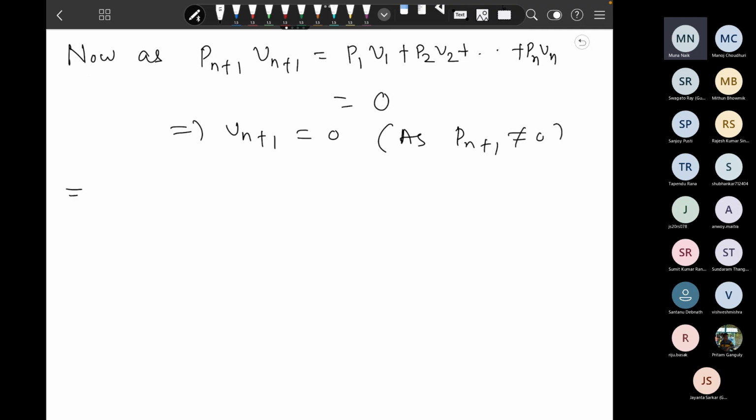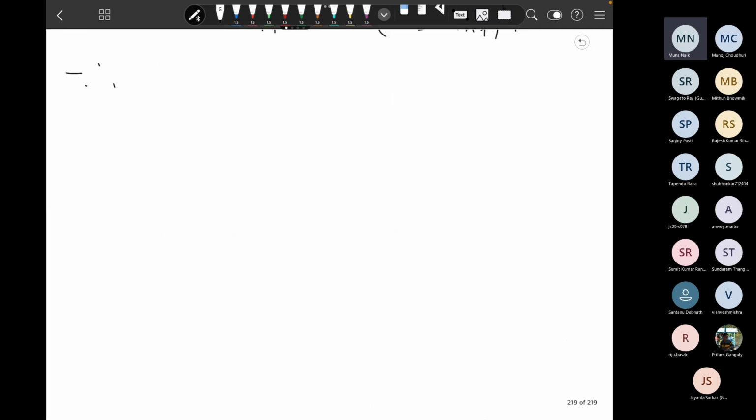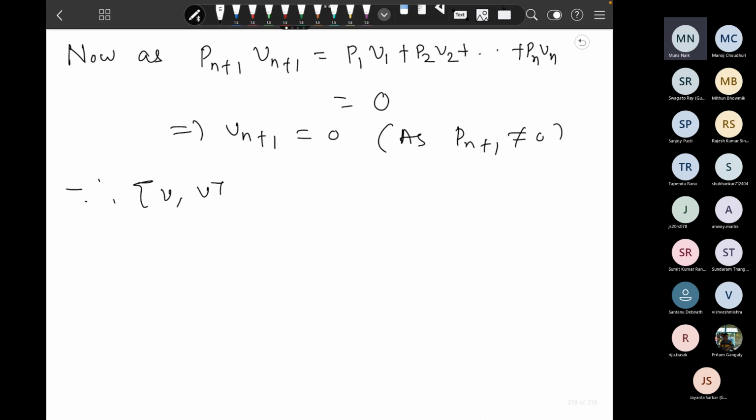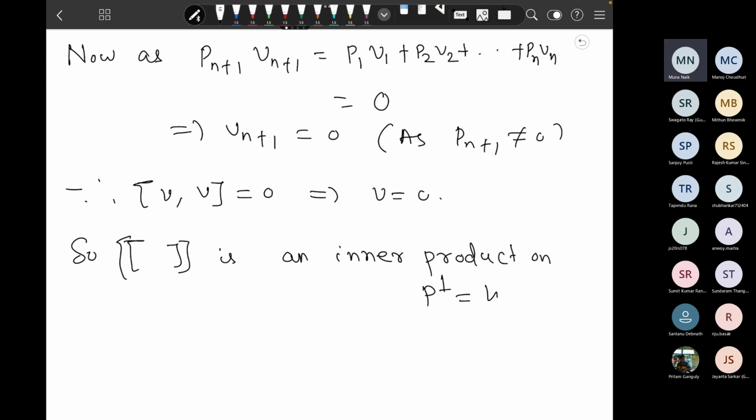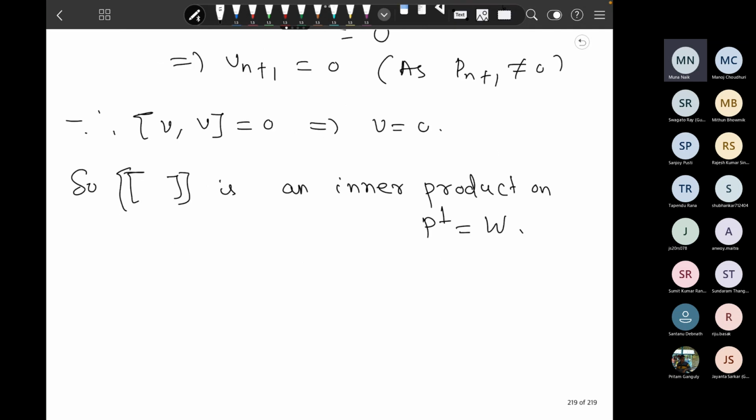So what I am getting is V is equal to 0. So this is an inner product on W, that is, on P perp, which is equal to W. Now since this is an inner product on W, we can choose an orthonormal basis.